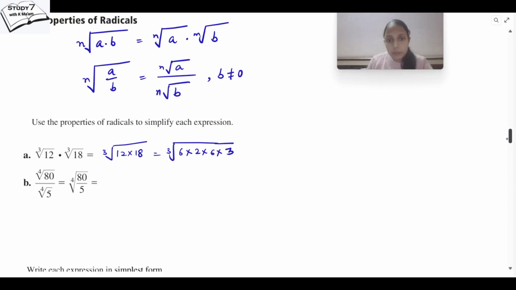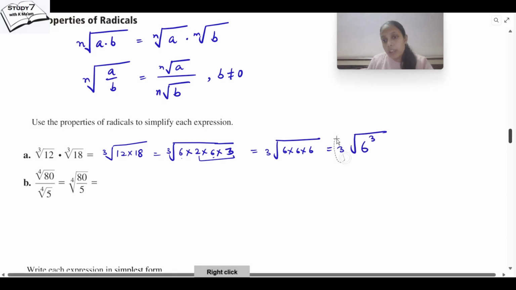Now break it more. 6 is 3 times 2. So you have 6 three times, that means 6 to the power 3 inside the cube root. The cube root and the power 3 cancel, so only 6 is the answer.